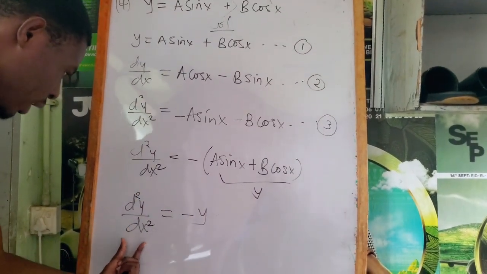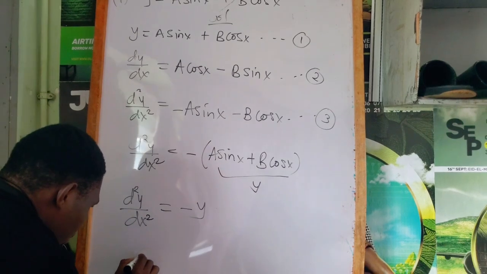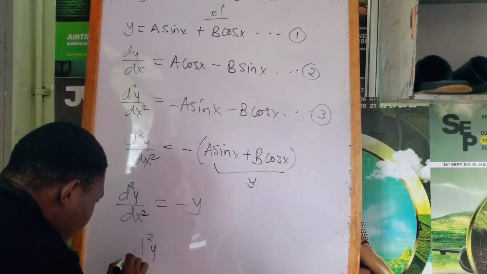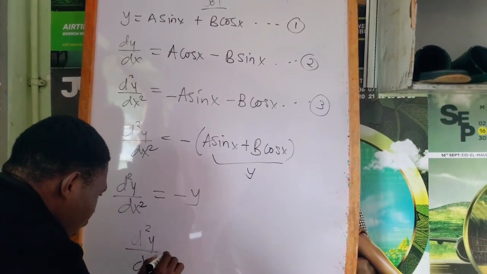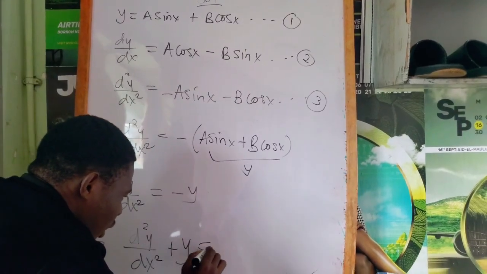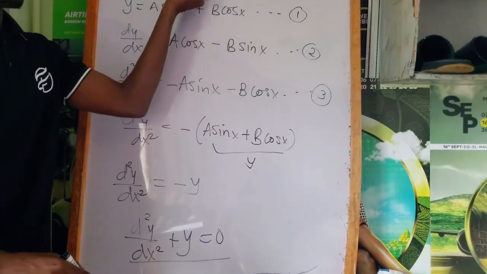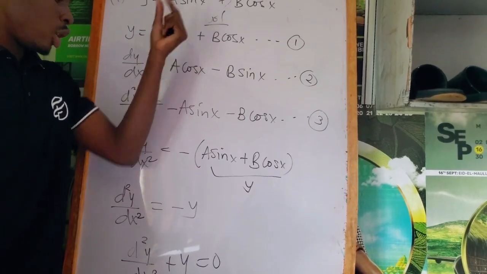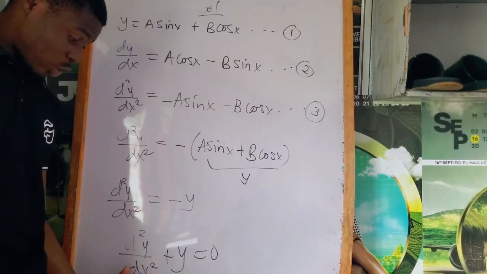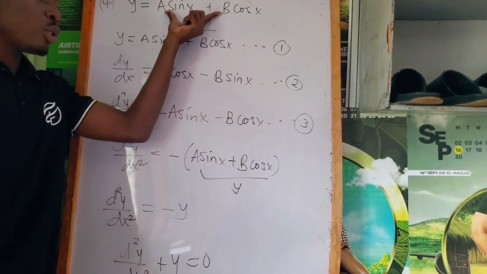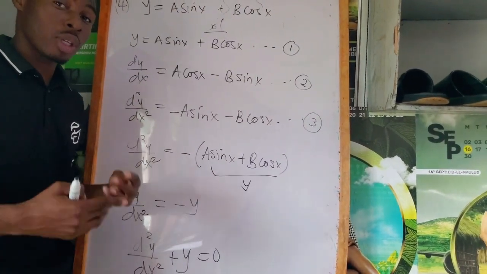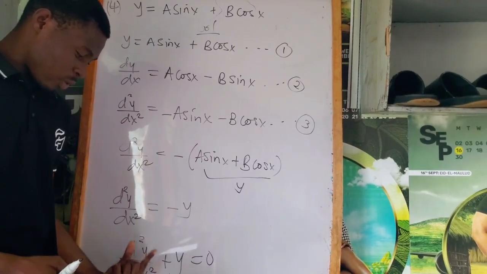So we have d2y/dx squared equals minus y. So this will be d2y/dx squared plus y is equal to 0. And this is the differential equation formed when you eliminate the arbitrary constants from this equation. And you can see it is of order 2. Why? Because we have 2 arbitrary constants. We eliminated 2 arbitrary constants, and this is why it is of order 2.